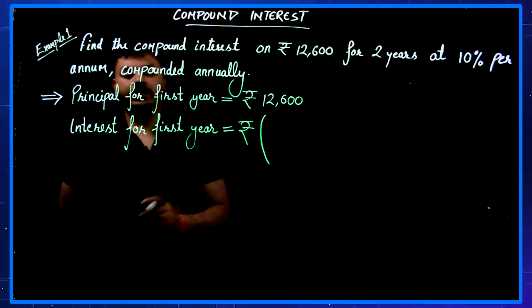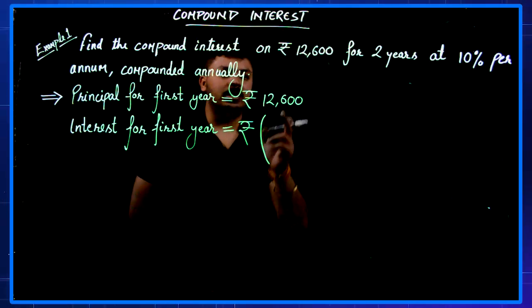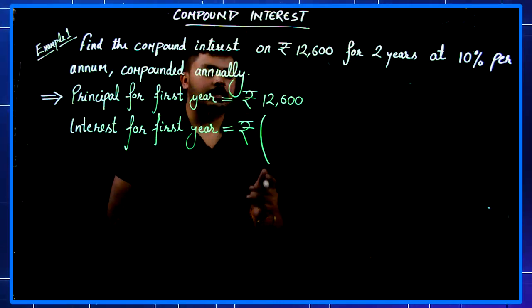So to calculate the interest, we know the formula is P into R into T, that is principal into rate into time by 100.